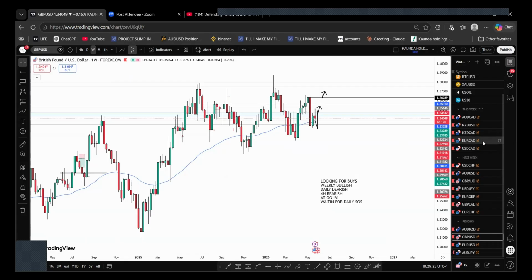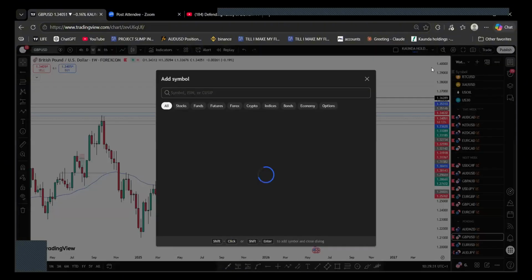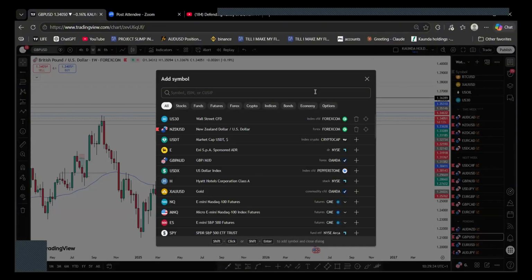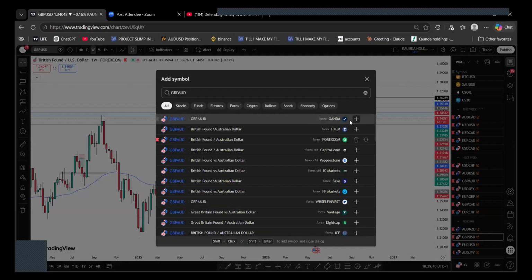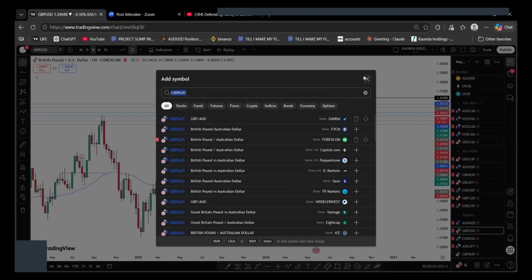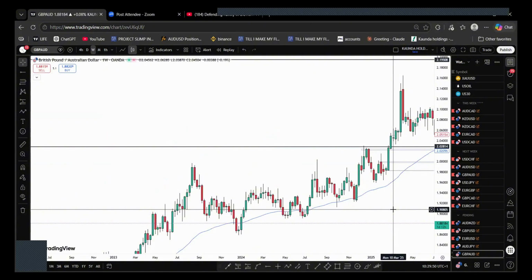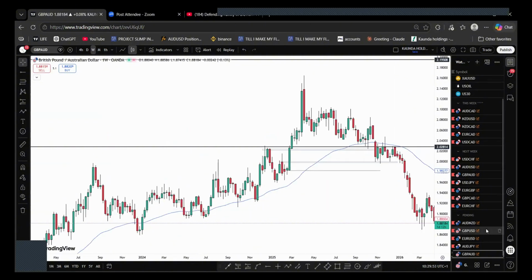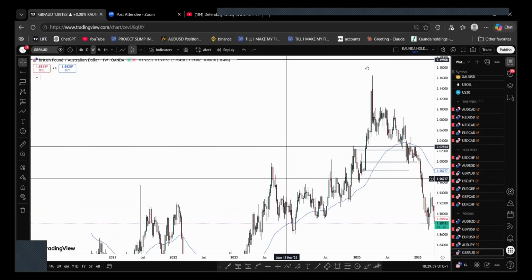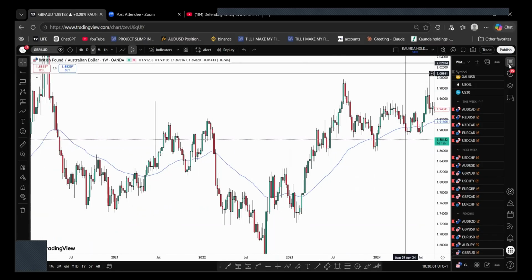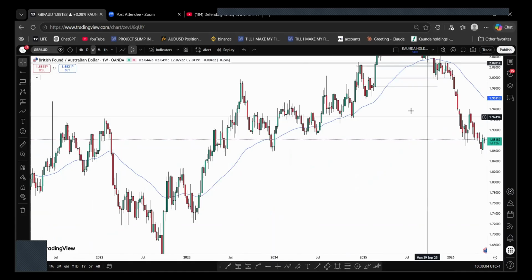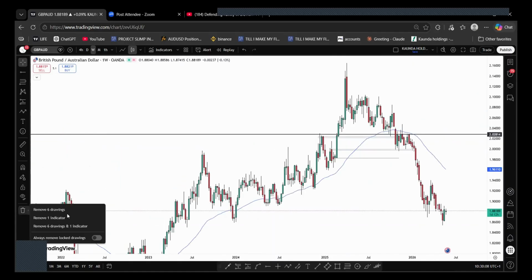Maybe GBP, but we use Oanda broker. So, let me try to remove all drawings.